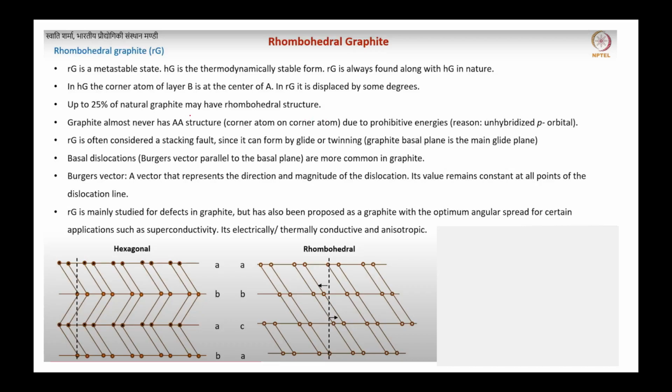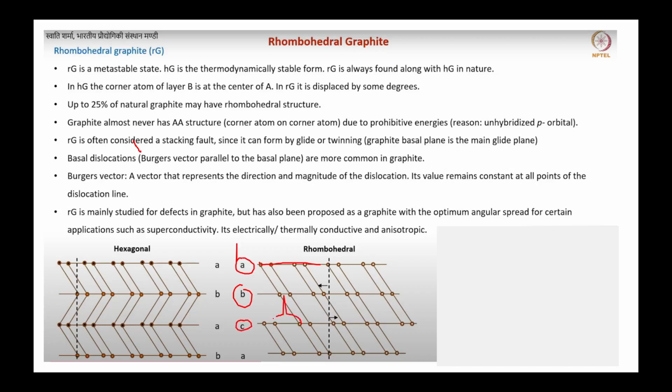Again, as I explained a few minutes ago, if you can see here, in one pattern the A atoms will be arranged, B will come like this, and C will come.